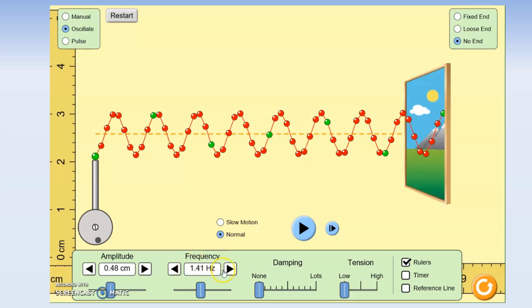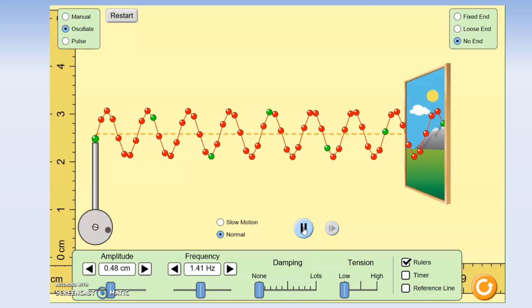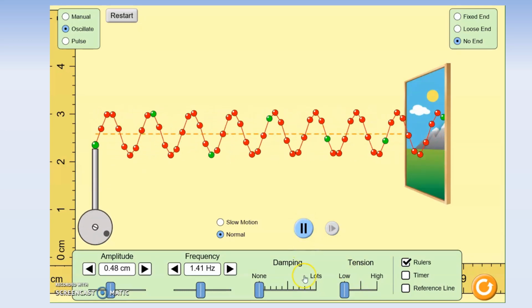So we're going to take a look at three factors here, of course related to the energy and time factor that will affect the power of the wave. The first factor we're going to take a look at is wave speed. In this simulation, we can control the wave speed by controlling the tension in the wave. So we're going to start out by taking a look at a wave that has a low tension and therefore a low wave speed.